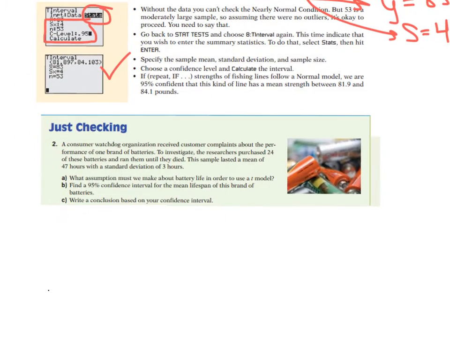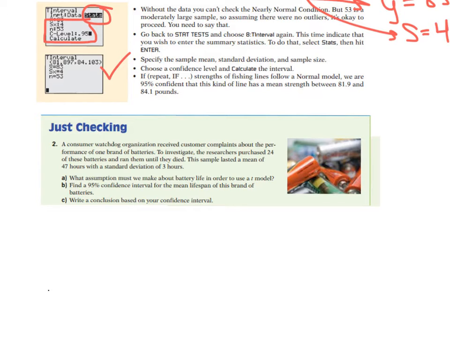All right, so number 2, I know I'm running through, but I just don't want to make these notes too long. Number 2 is very similar to what you just did, so I'm going to have you try it out. Make sure that you are using the correct option on T interval. In this case, they're not giving you data, they're just giving you values or stats. So choose that one.